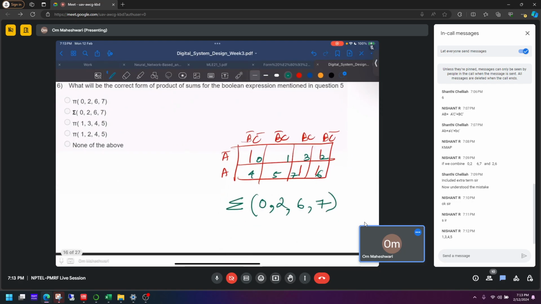Now this is SOP form. In POS, whatever is left is POS. Whatever is left is 1 3 4 5. So you write pi 1, 3, 4, 5.